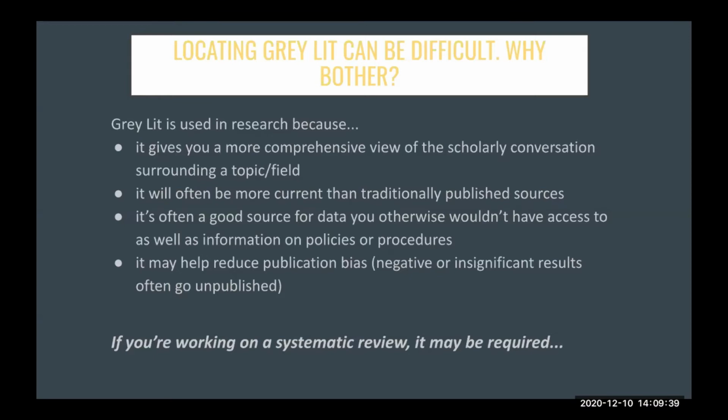This is an especially important point to think about when you're conducting a systematic review. In fact, a lot of journals require that you go over your gray lit search methodology in the methods section in order to publish a systematic review with them. It depends where you're publishing, but some journals are stricter about it than others.